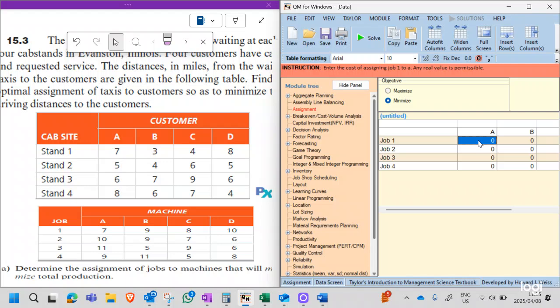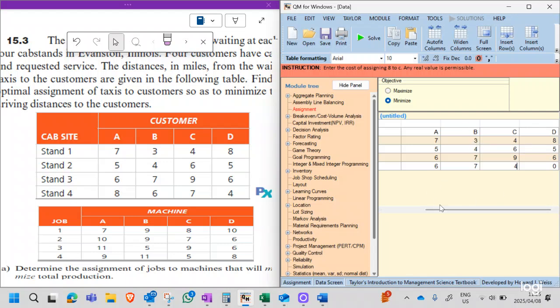Then 7, 3, 4, 8, 5, 4, 6, 5, 6, 7, 9, 6, 8, 6, 7, 4.